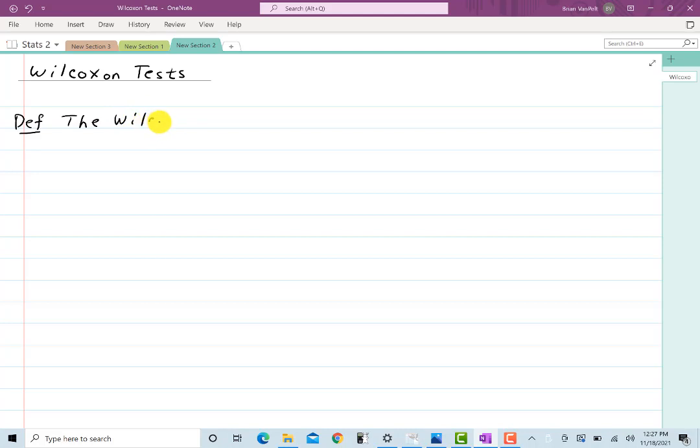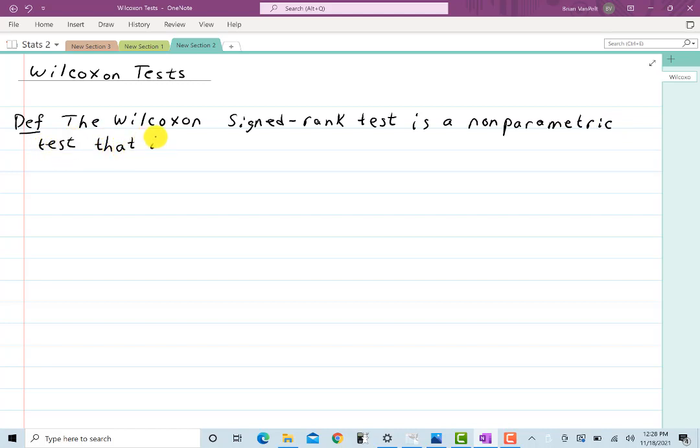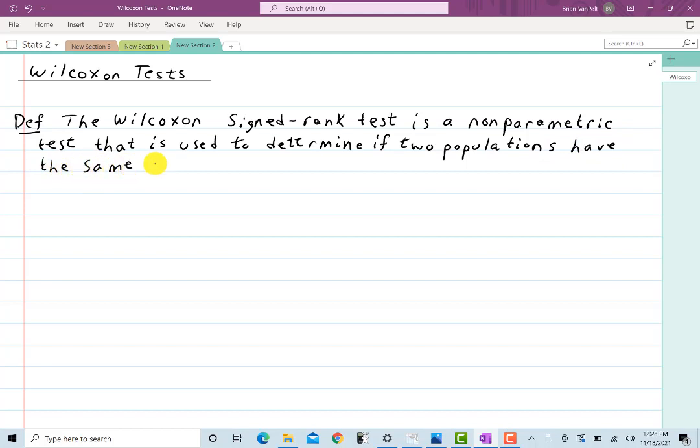The Wilcoxon signed rank test is a non-parametric test that is used to determine if two populations have the same distribution.